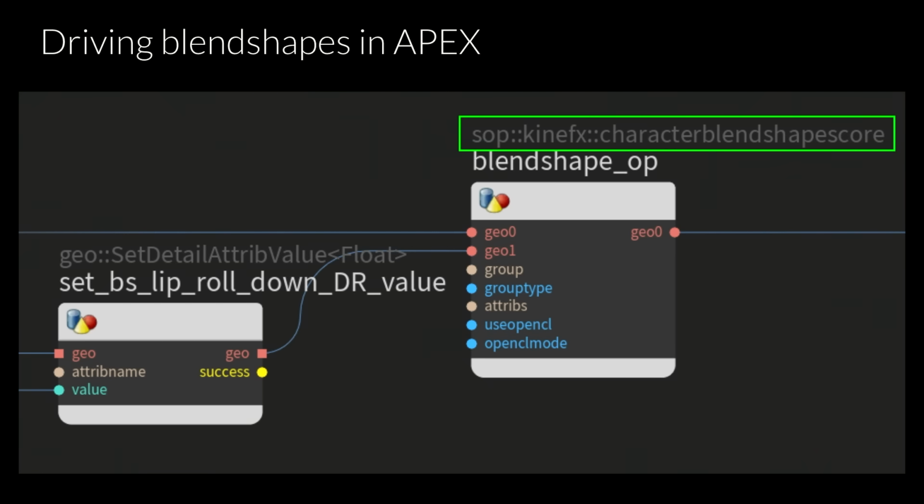So the node to look for is the SOP KineFX character blend shape core. Once you study this one, you understand that there's a first input that is the geometry, the rest geometry with packed blend shapes. And the other input is a geometry that's going to hold detail attributes, which are going to be floating point values for every blend shape you want to activate.